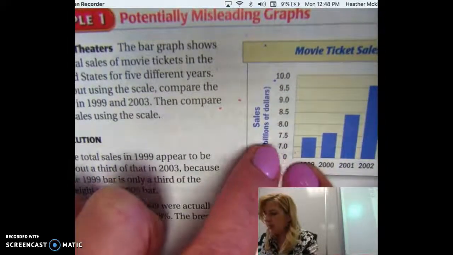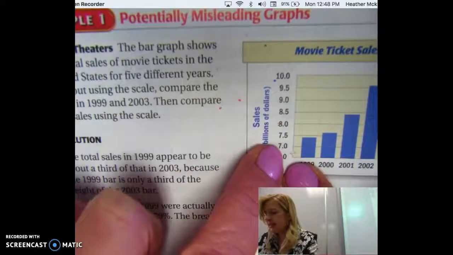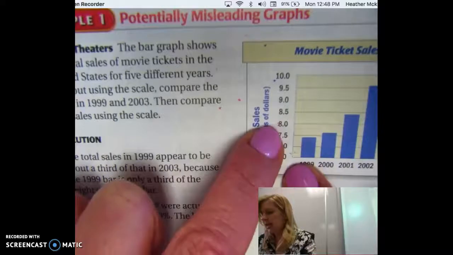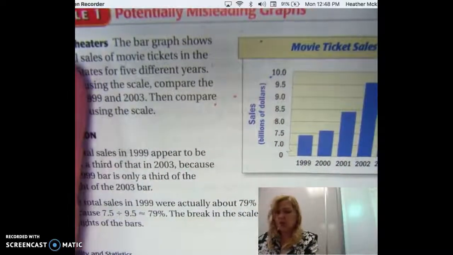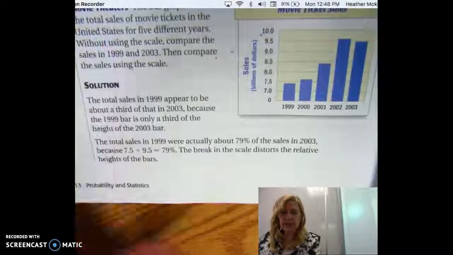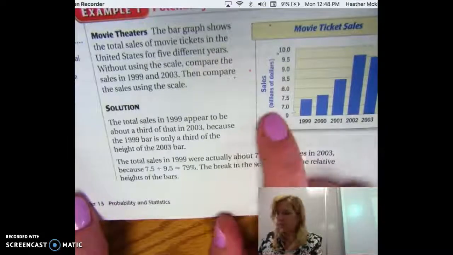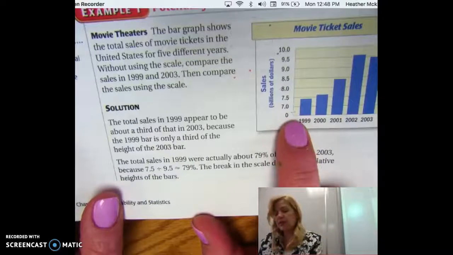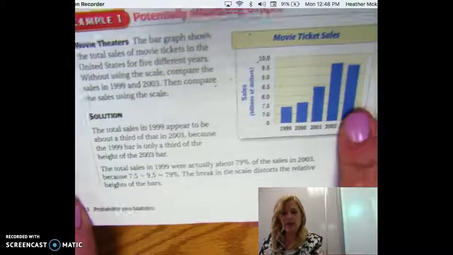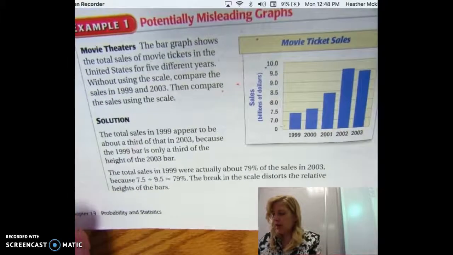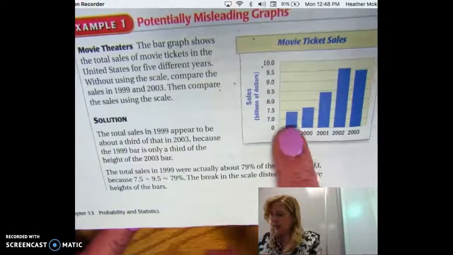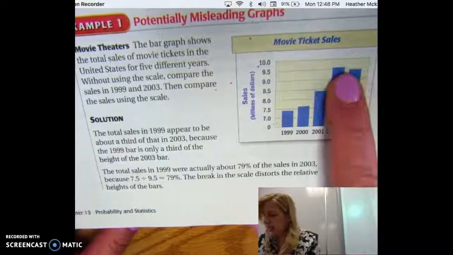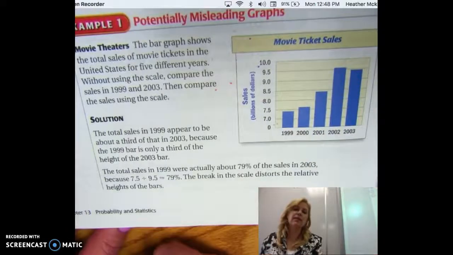So it goes up, and the first number it hits is a 7. This is $7, $7.50, $8, $8.50. But since there were no statistics or entries that were below $7, they started it at 7. So this is what we call a broken scale. The problem that we run into is, notice that it went just below $7.50, and at its highest it went to $9.50.